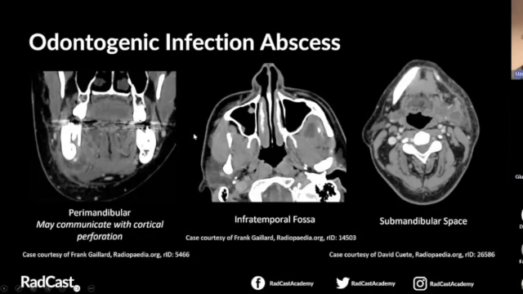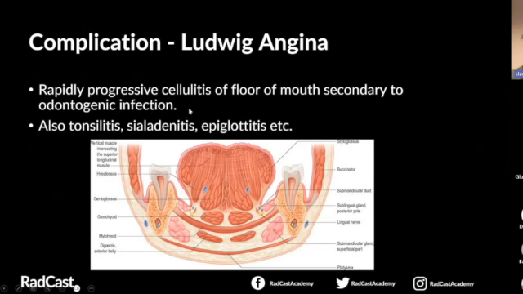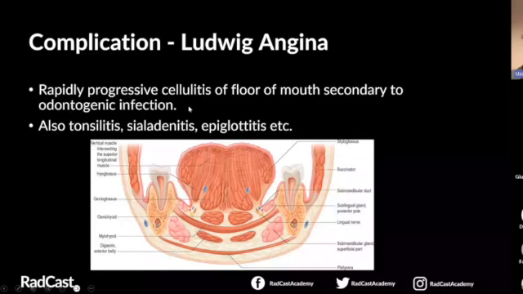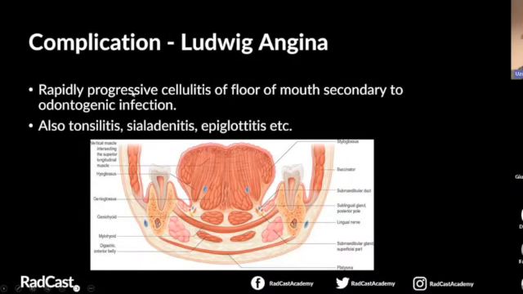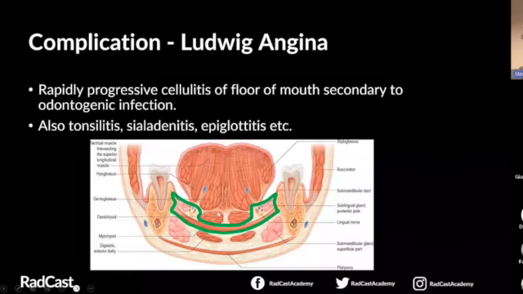A complication of odontogenic infection or any deep neck infection, but most commonly odontogenic infection, is Ludwig's angina. So this is rapidly progressive cellulitis of the floor of mouth, secondary to odontogenic infection. And so the floor of mouth is this region.